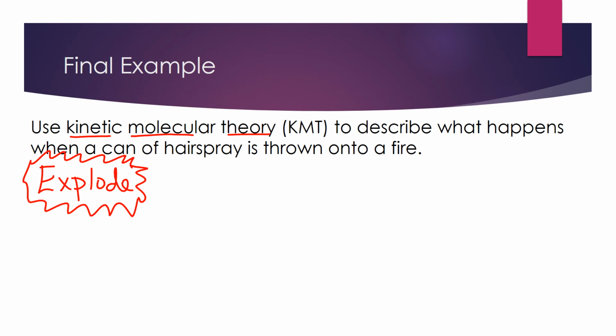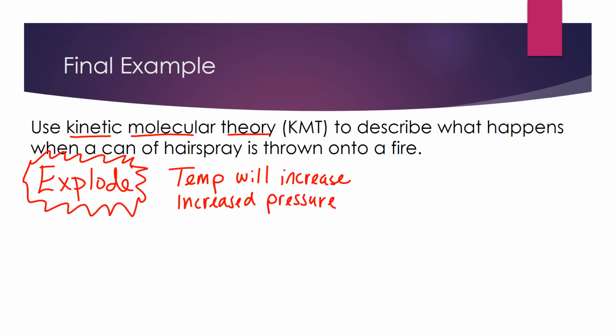So I know that once we throw the can onto the fire, the temperature inside the can will increase. It's generally what happens when you throw something onto a fire, right? That means you're going to have increased pressure inside the can. Now, you're going to have increased pressure because the particles will be moving faster.